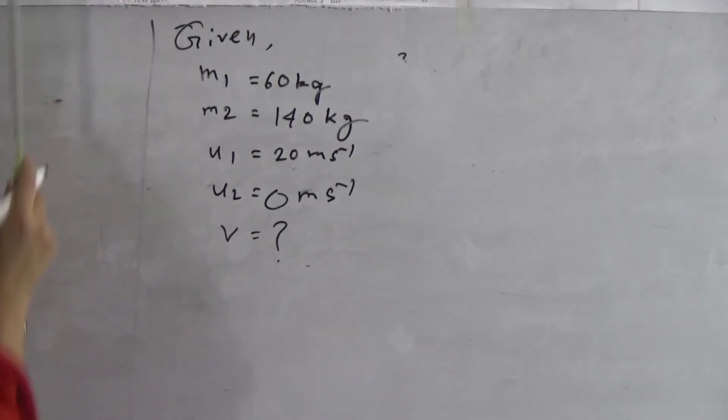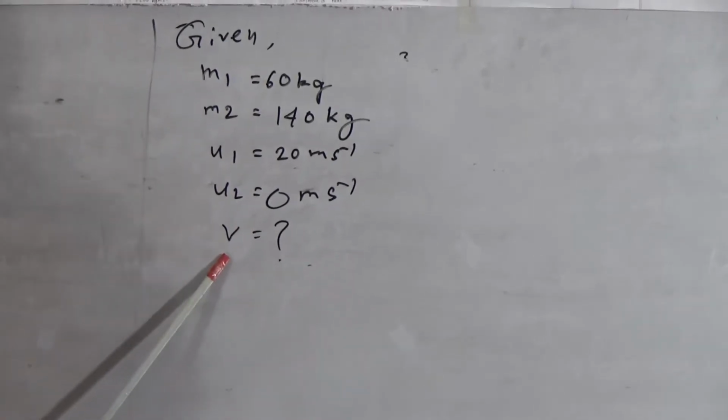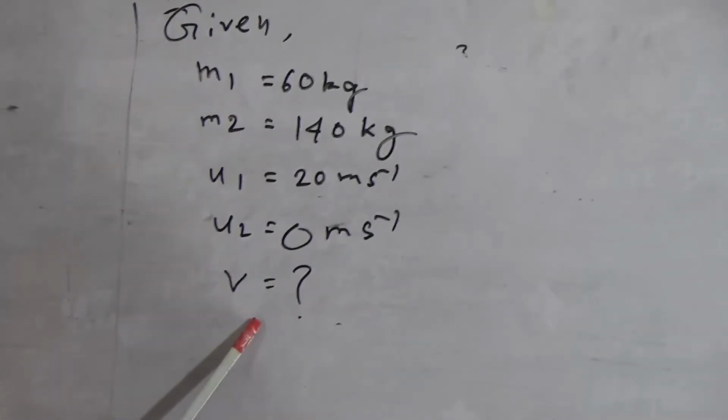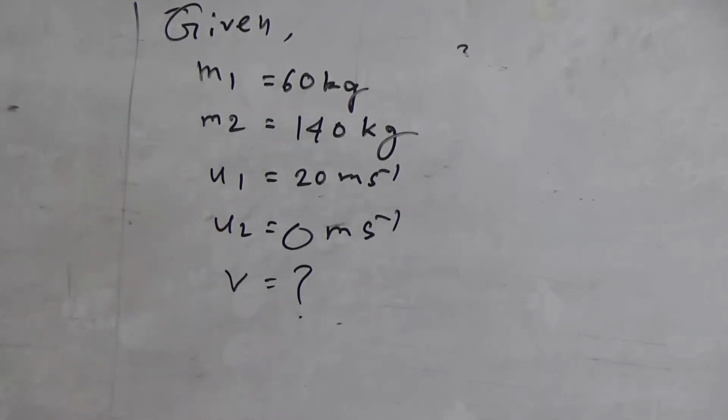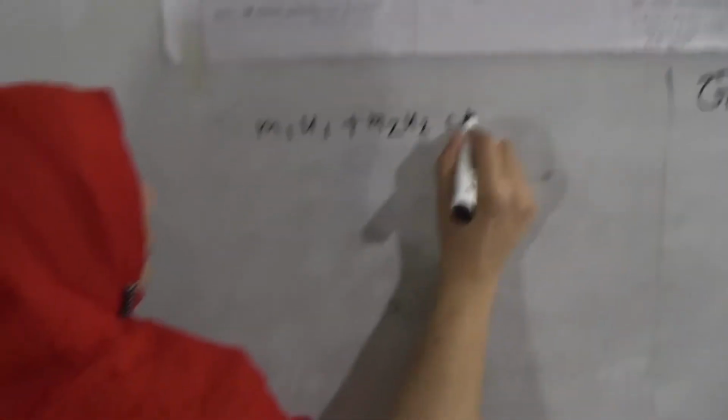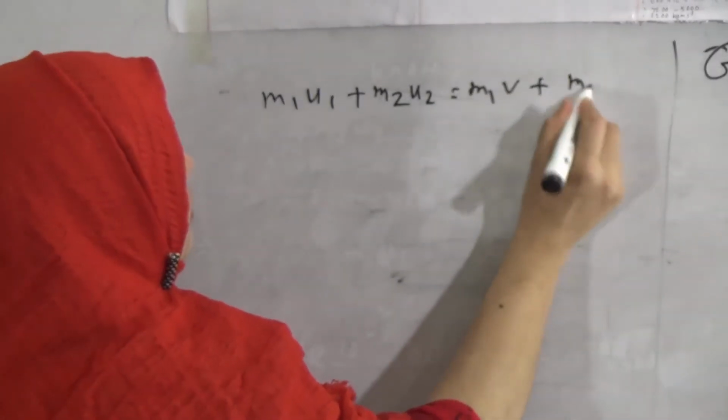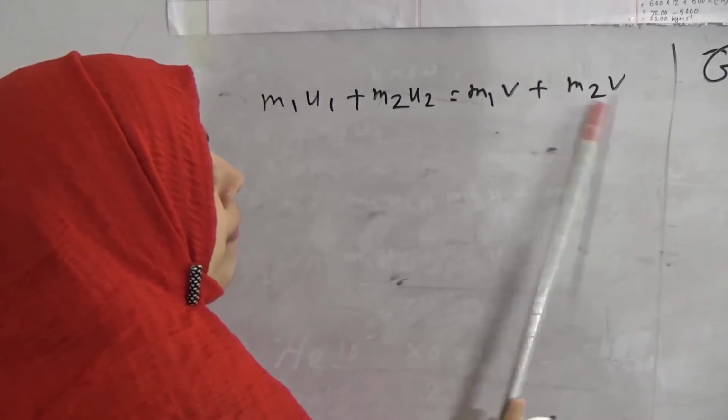The combined velocity will be the same. So we have to write v equals what? Using the law of conservation of momentum, we can write m1 u1 plus m2 u2 equals m1 v plus m2 v, because this is the combined velocity.